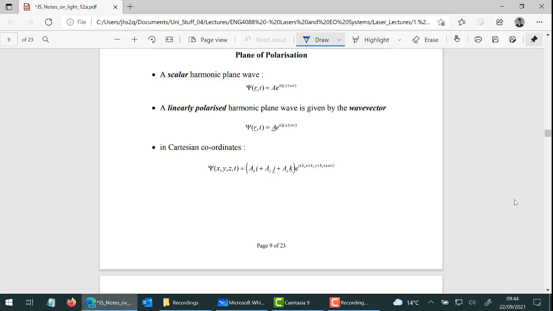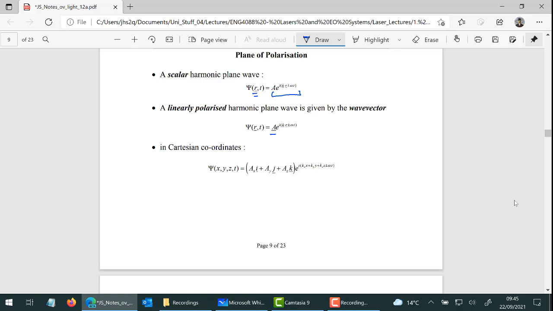So for a scalar harmonic in a particular direction, where r is the vector which describes that direction, we have a nice simple relationship that a times e to the i, k dot r plus or minus omega t, describes the wave.